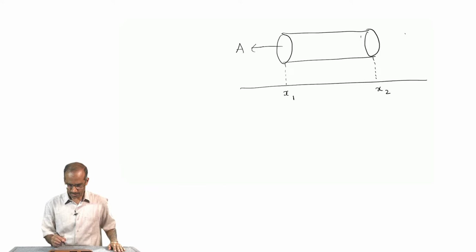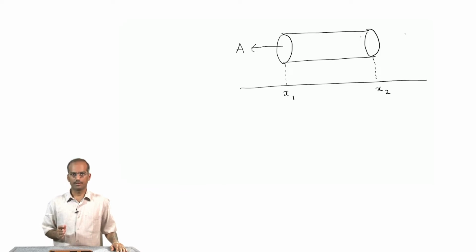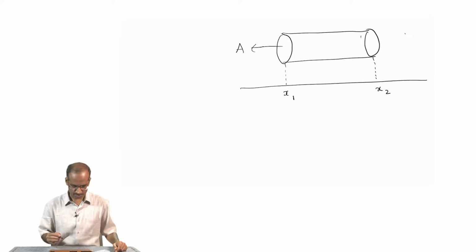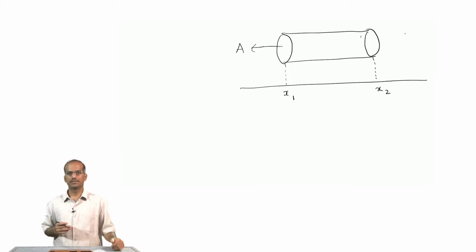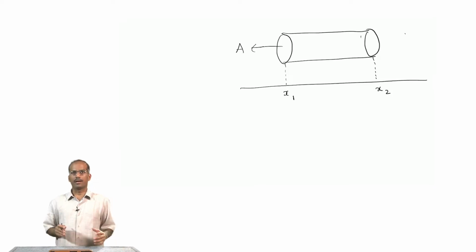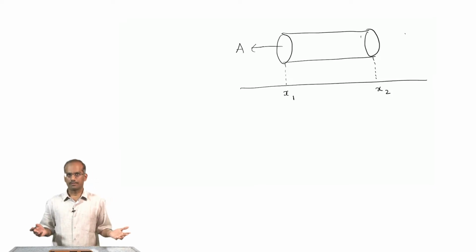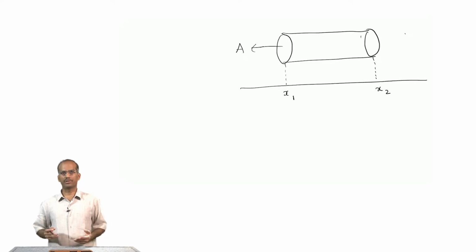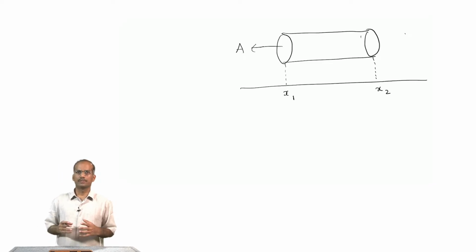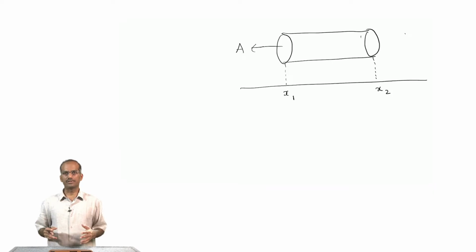So, let us assume that at point x1 the face of this parcel of air, this cross section here, experiences a pressure which is some average pressure plus P1, and the average pressure here in this case would be the atmospheric pressure, simply because in the absence of any other forcing mechanism, atmospheric pressure is always there.